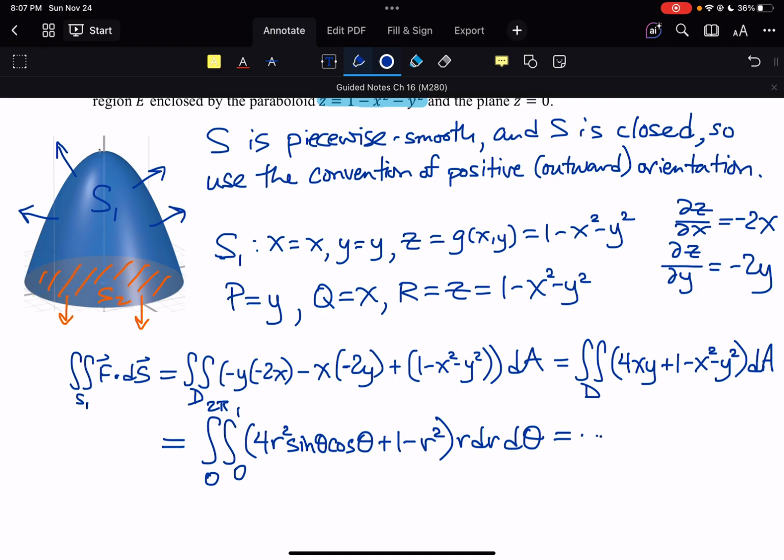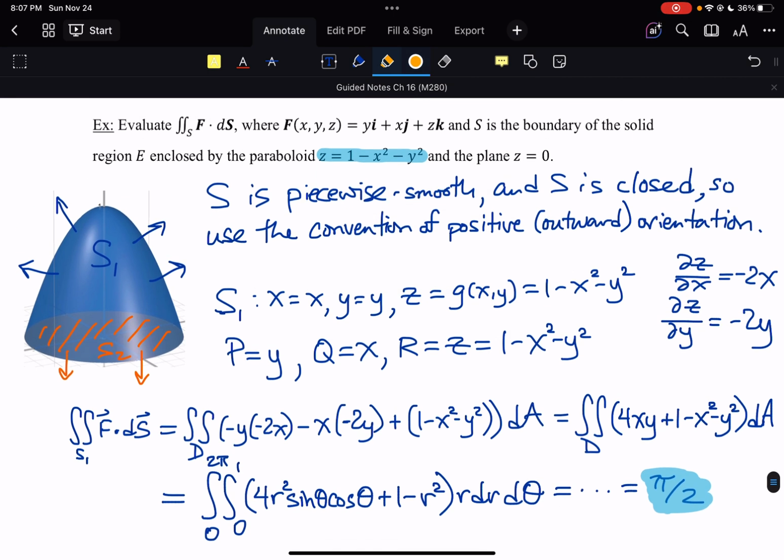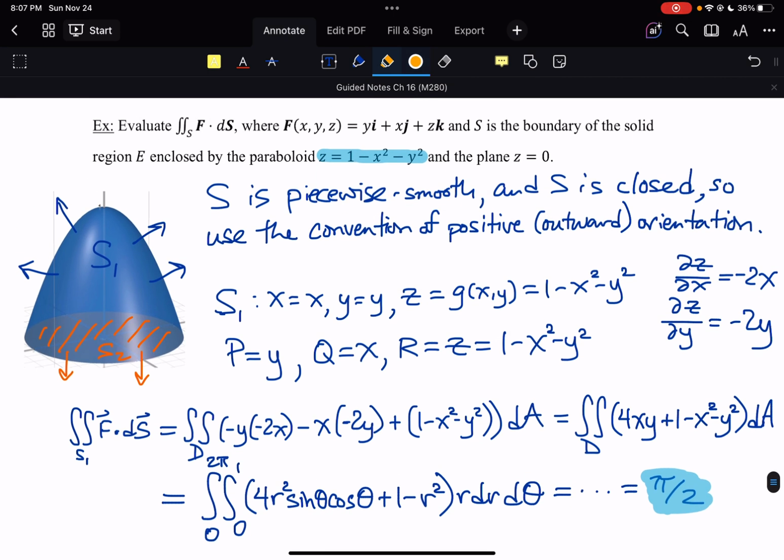Again, that gives us another pretty typical double integral in polar. We have to split this up a little bit, but we can definitely get it done, and that would give us pi over 2. So the surface integral evaluated over the paraboloid portion is pi over 2.